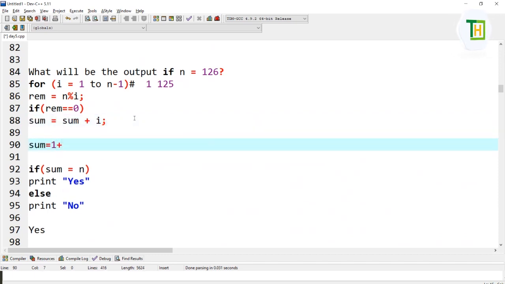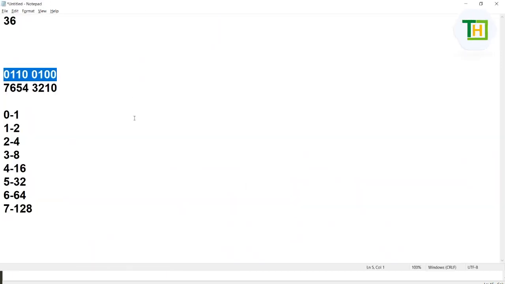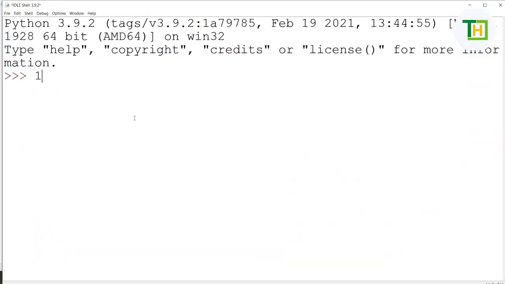Is 126 divisible by 2 here? Yes, I am going to add like this. 126 mod 1 is going to be 0, right?